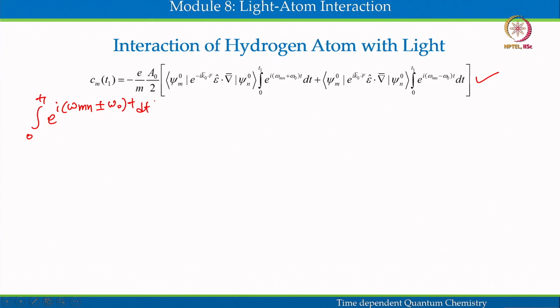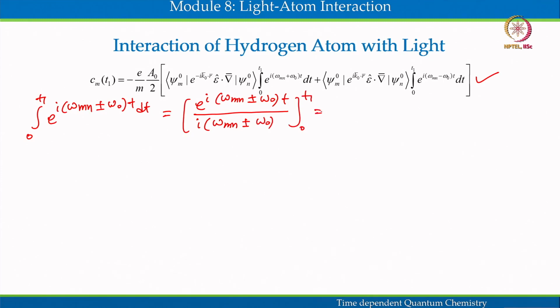This is a simple integration we have seen before: e to the power i omega mn plus minus omega naught t divided by i omega mn plus minus omega naught, with limits 0 to t1.